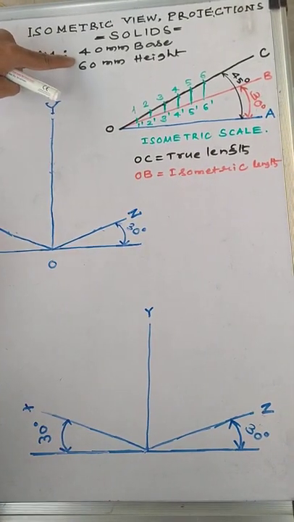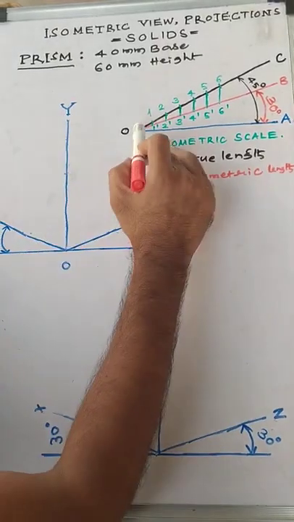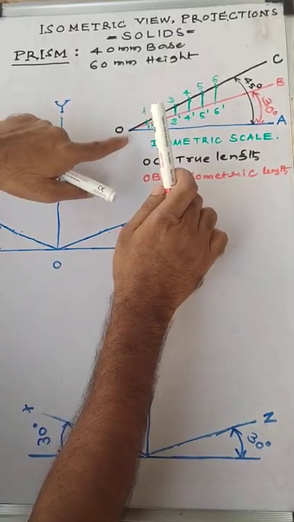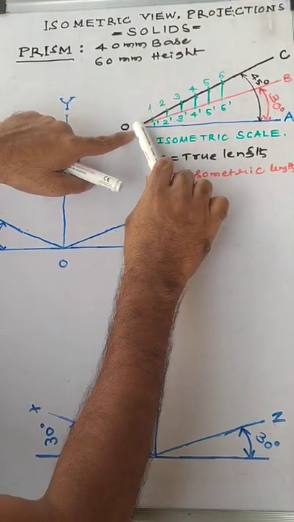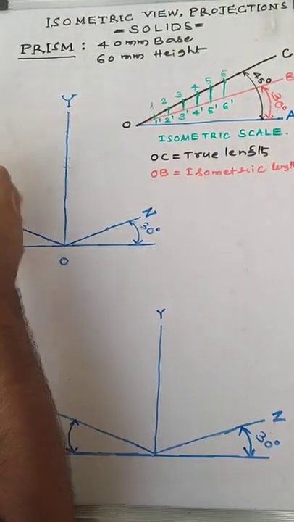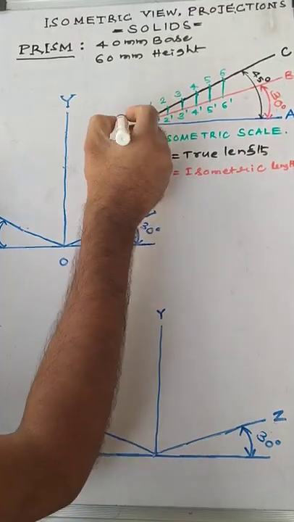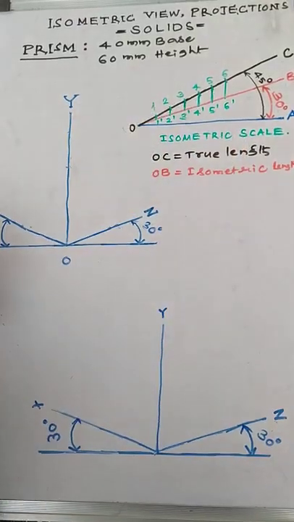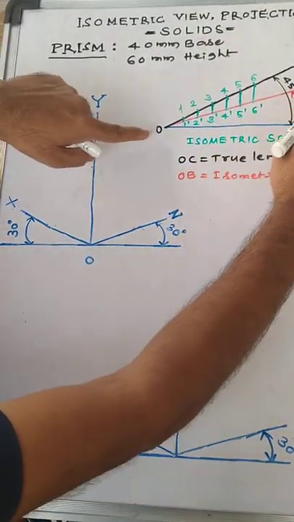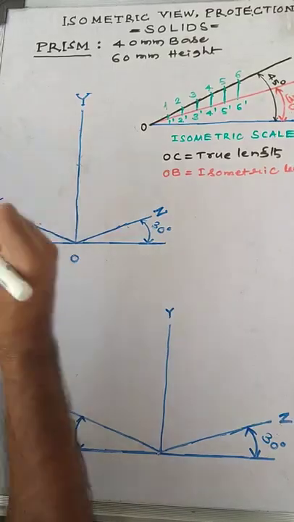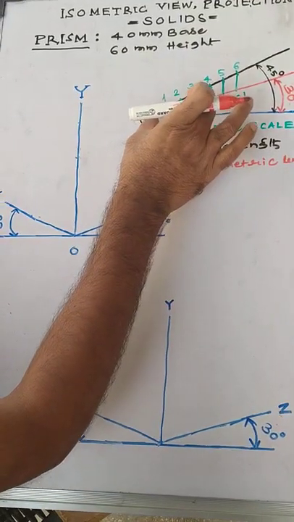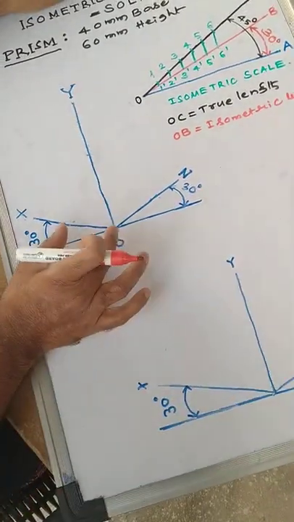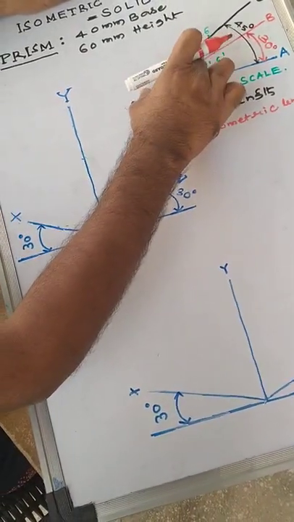So base length is how much? 40 mm. So 0 to 4. Now I will consider 0 to 4 dash. On the OB line I am taking 0 to 4 dash, locating it on OX by using a compass.